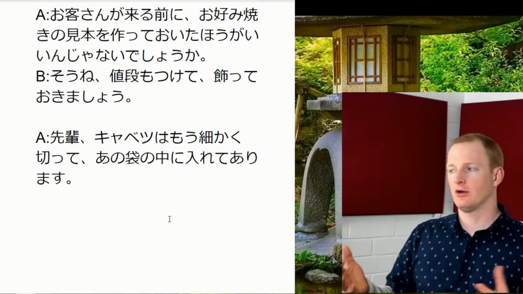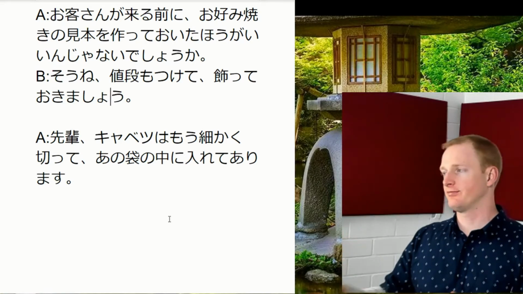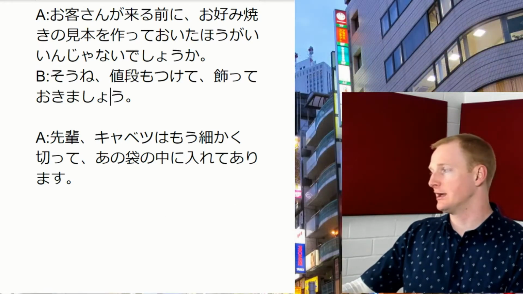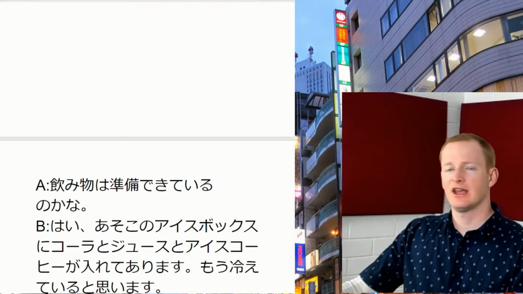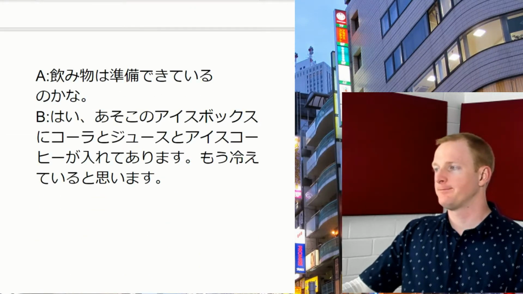If you guys know anything about okonomiyaki, you know you need a lot of cabbage. That's quite a lot. It's kind of like the main ingredient. Okay, but it's kind of saying, I've already cut it and it's in the bag, ready to go.